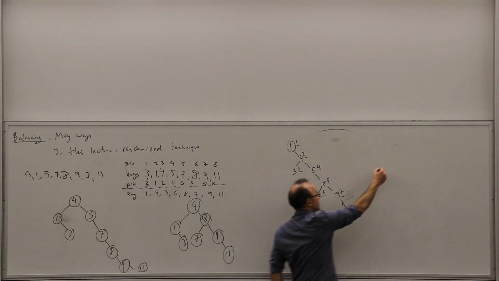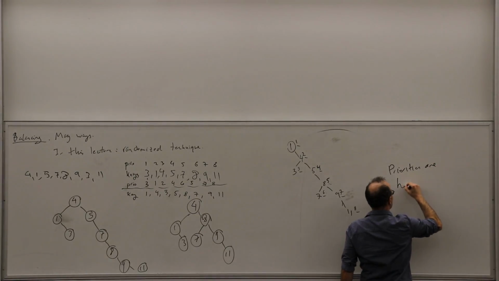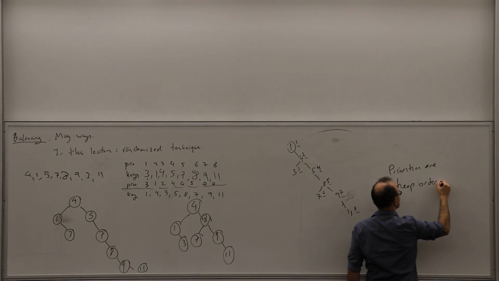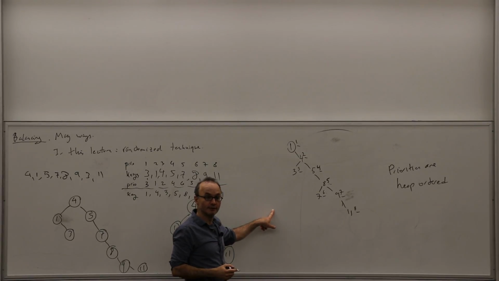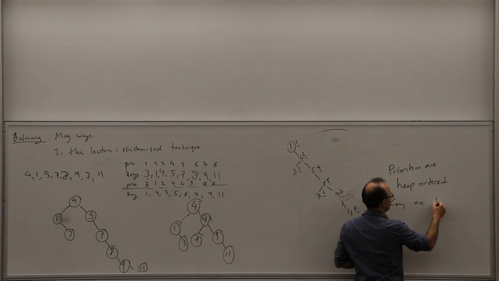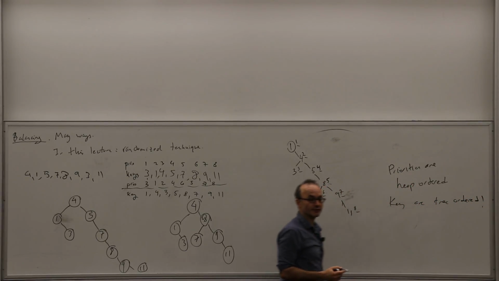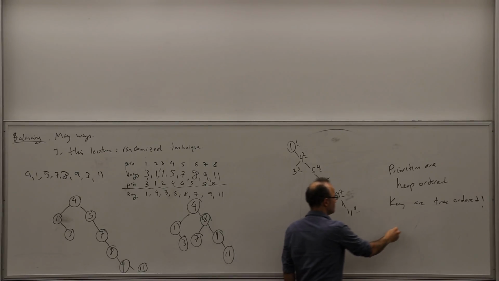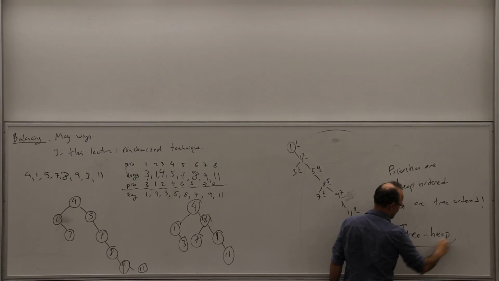Okay, so it's heap ordered. So the priorities are heap ordered. And what are the keys ordered? Tree ordered. Keys are tree ordered. And what do we call this data structure? Tree heap. Hence the name treap.